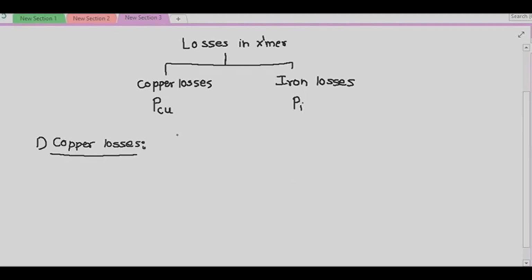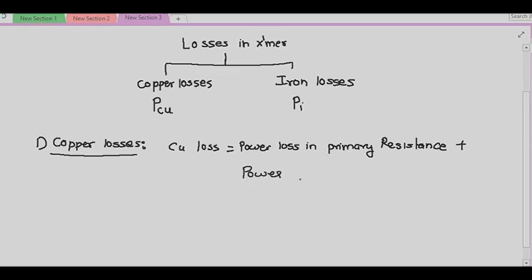Therefore, I can write copper loss equals power loss in primary resistance plus power loss in secondary winding resistance.